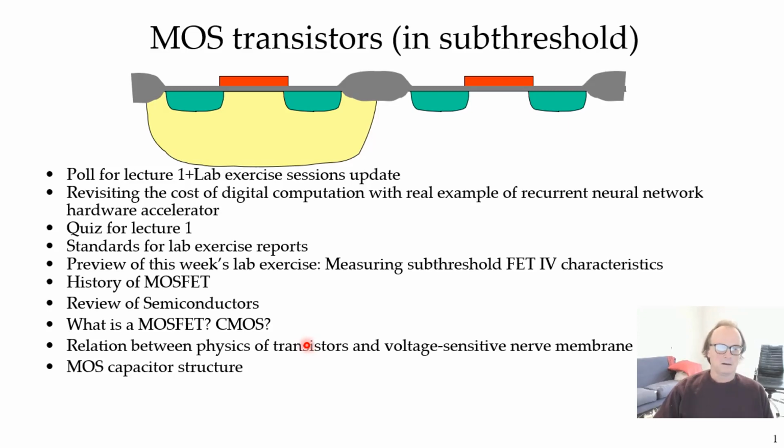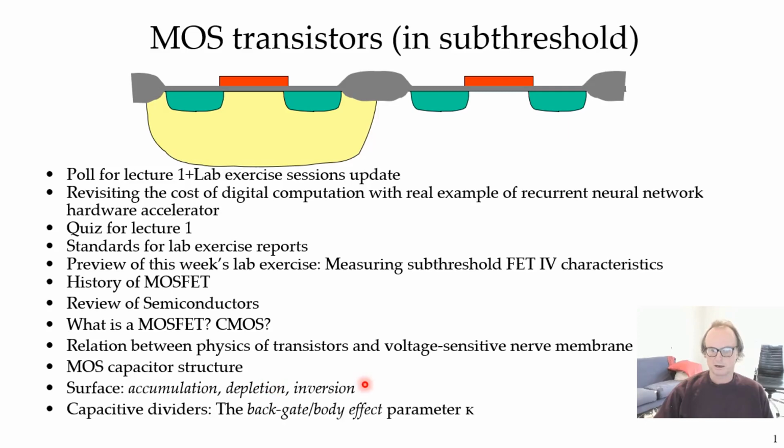And then we'll go through the MOS capacitor structure here, and talk about the different states that the surface can go into: accumulation, depletion, and inversion. And then we need to talk about capacitive dividers, which is there's a capacitor here and there's another depletion capacitor here, and they divide to control the surface potential.